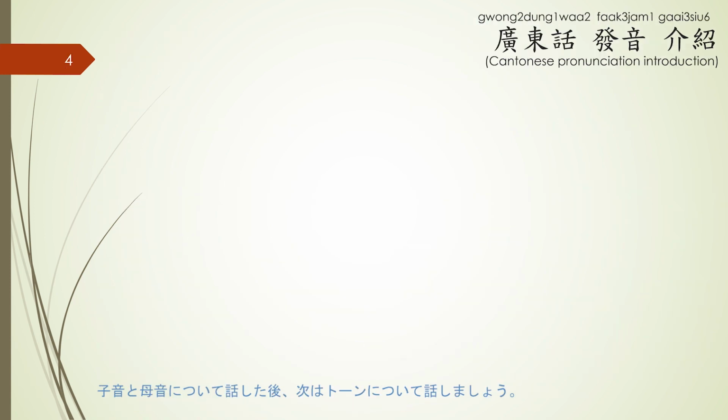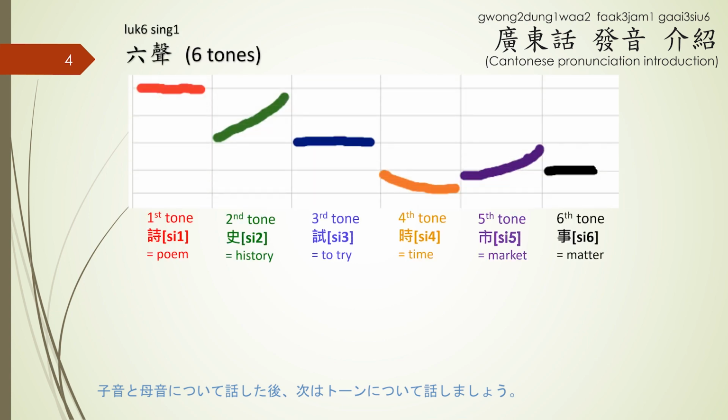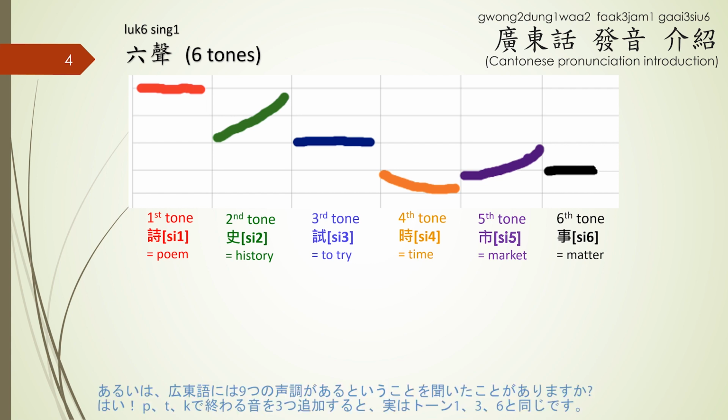After talking about initials and finals, now let's talk about tones. You may have heard that Cantonese has 9 tones, while there are 6 only.